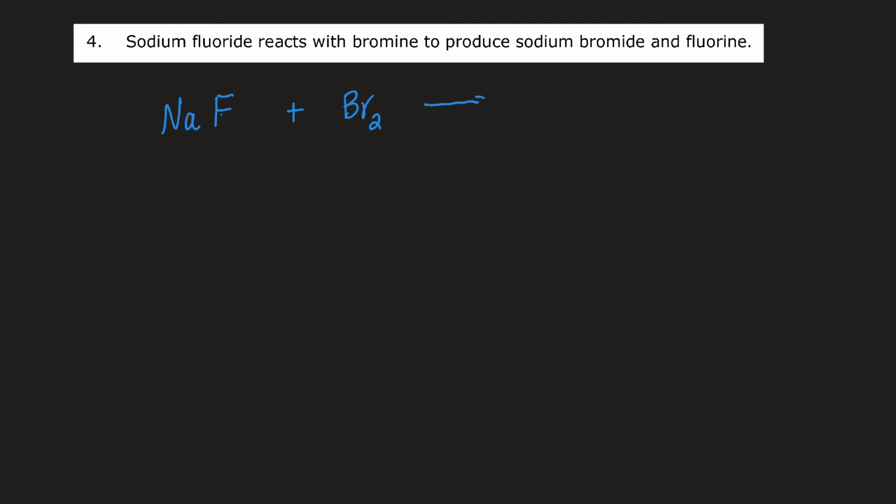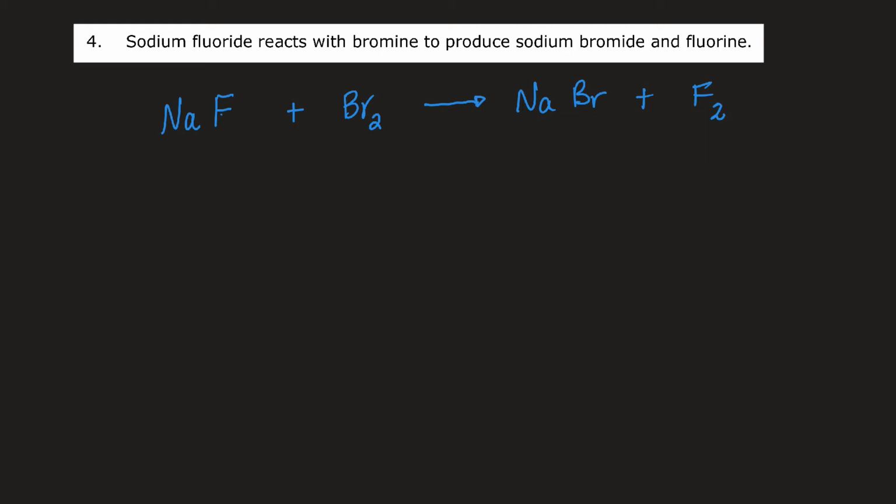Okay, it reacts with that to produce sodium bromide. So sodium and bromine. Sodium's a 1 plus, bromine's a 1 minus, so those balance off too. That's the correct way to write that. Plus fluorine by itself. So fluorine's by itself, it's diatomic, so it would always come in 2s. Okay, I think that's the correct way of writing the equation.